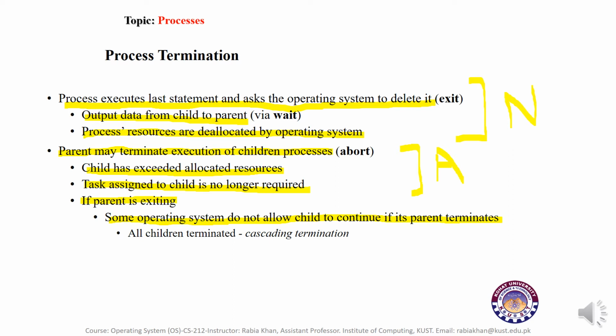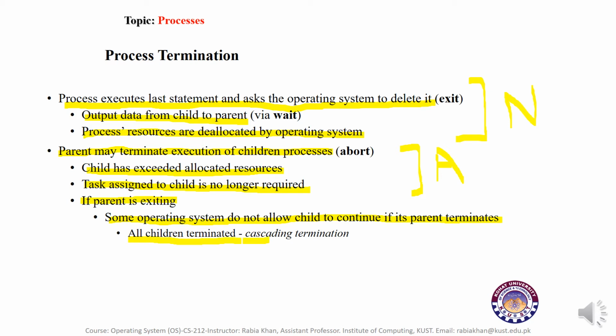So if the parent main function is getting terminated, the children will have to be terminated, no matter if they have completed their execution, are in the middle of their execution, or have not yet started their execution. If the parent is terminating, the child processes have to be terminated before the parent.